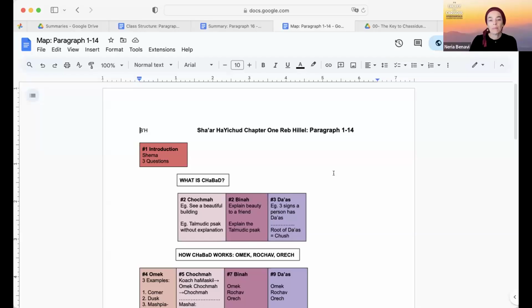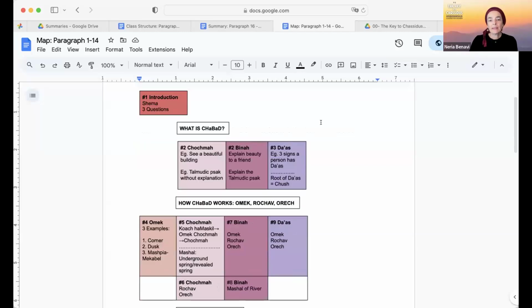And then occasionally you need to get into a helicopter and look at the forest from above. And then you can say, oh, there I was, and that's where I went. And now I see, I came from here and I went to there. So this is what I wanted to show you with this map of the first 14 paragraphs.